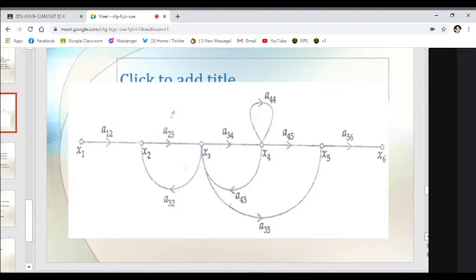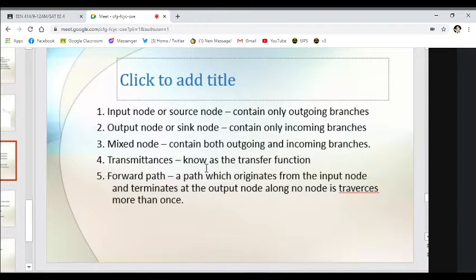Okay, so nandito naman yung definitions. Ayan. Input node or source node contain only outgoing branches. Output node or sink node contain only incoming branches. Mixed node contains both the outgoing and incoming branches. Forward transmittance, ito yung transfer function.